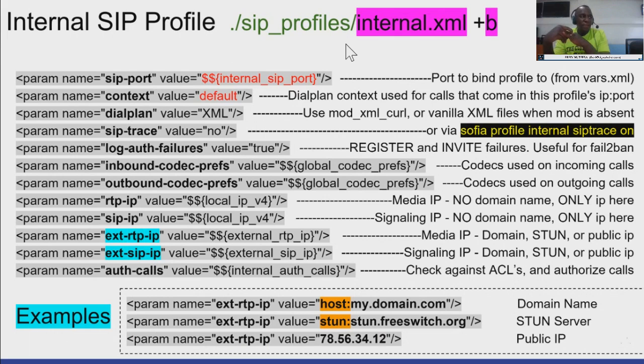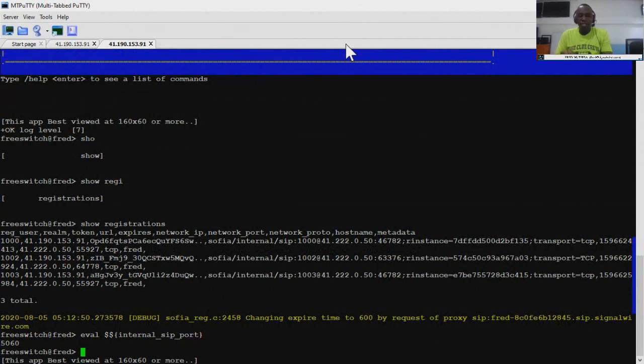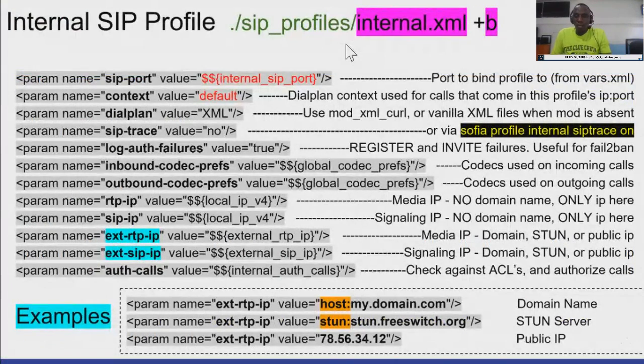You will find the variable internal_sip_port, and you remember from the very beginning I showed you how to check. I can even go to the console and evaluate internal_sip_port, and it tells me my internal SIP port is 5060, but it can be modified. So once you remember how we changed the password, it will be easier for you to modify these ports.